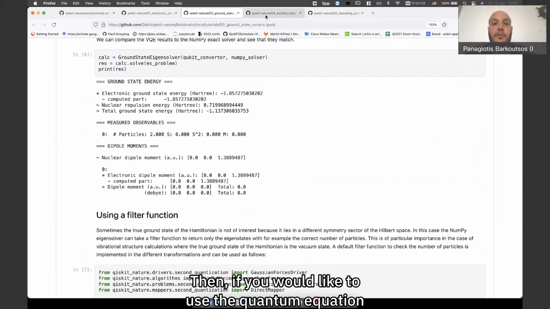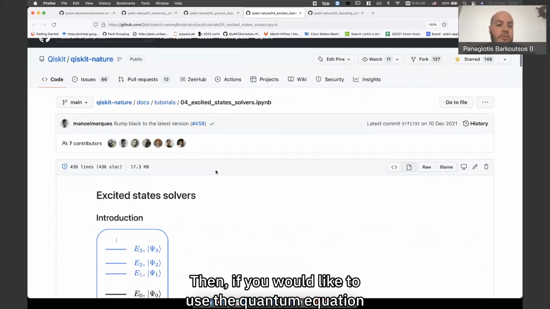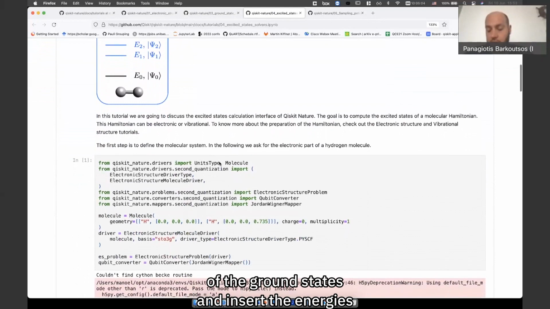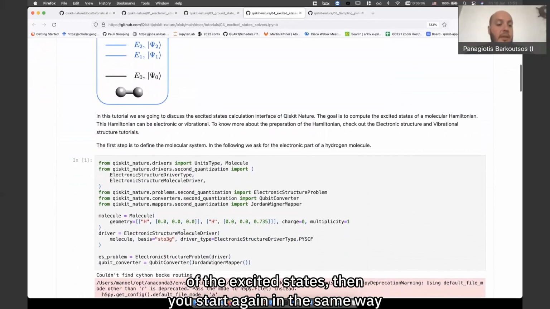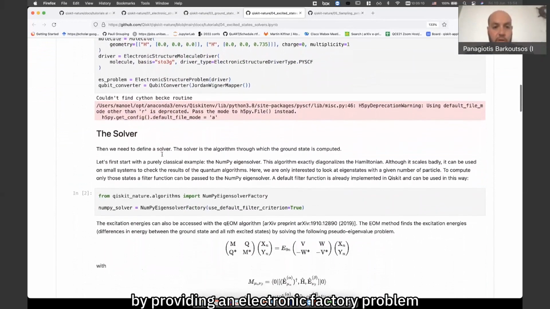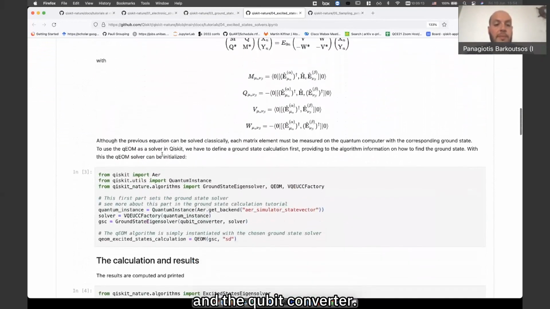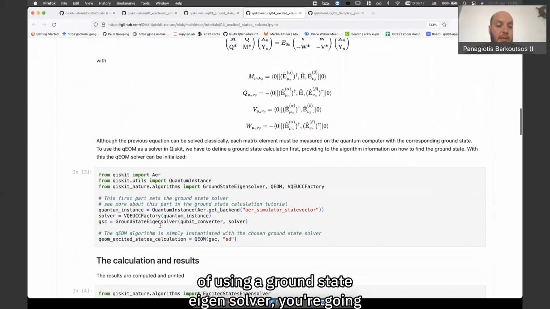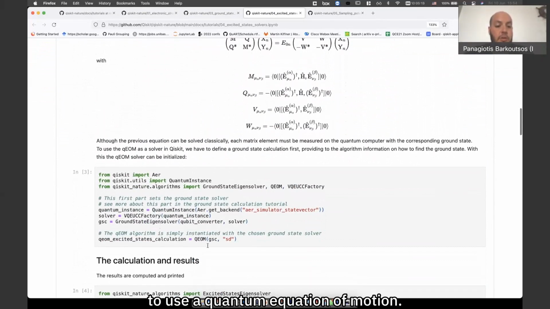Then, if you would like to use the quantum equation of motion approach in order to calculate the energies of the ground state and the energies of the excited states, you start again in the same way by providing an electronic structure problem and a qubit converter. Right now, the difference is that instead of using a ground state eigensolver, you're going to use a quantum equation of motion.